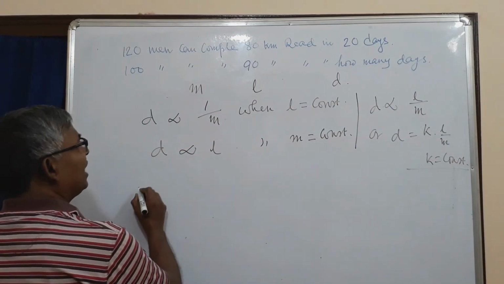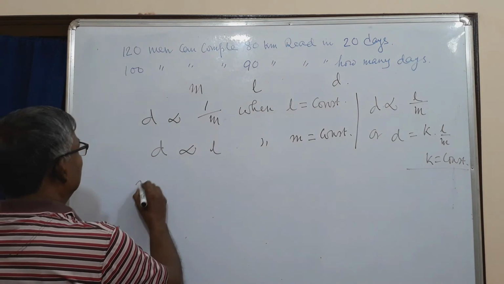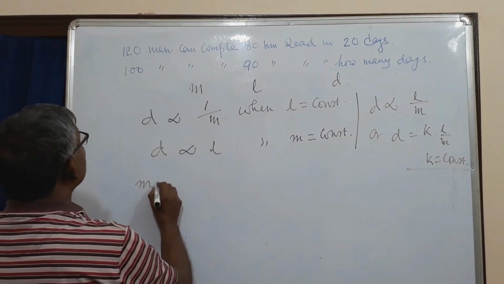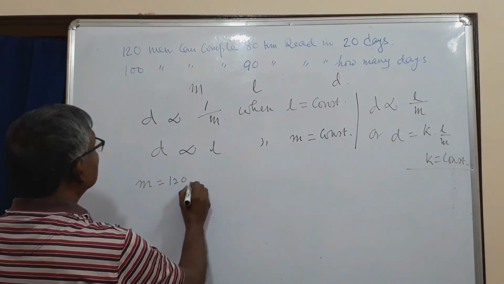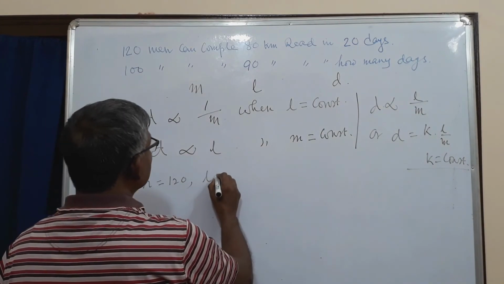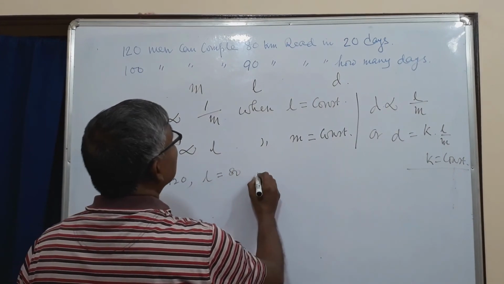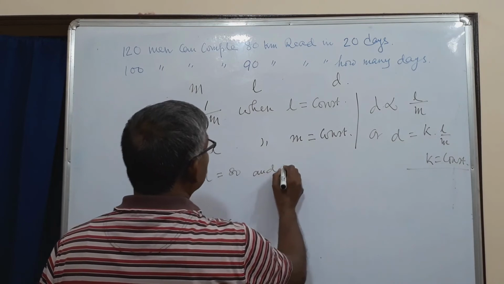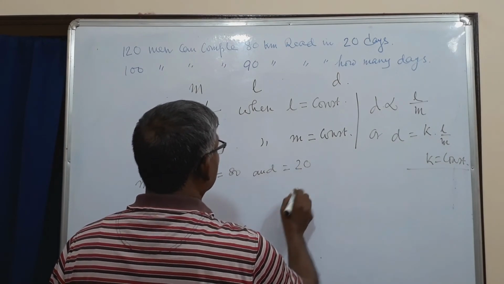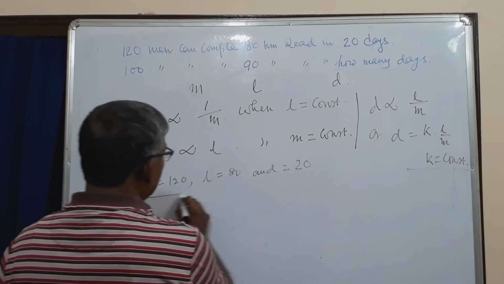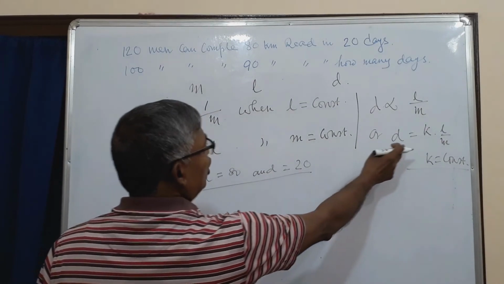Now given that, in the first condition, m equals 120, L equals 80 and d equals 20, in the first set of values we will get the value of k.